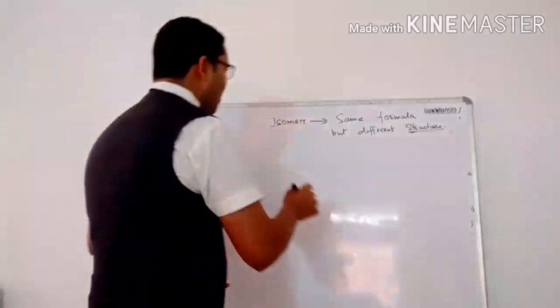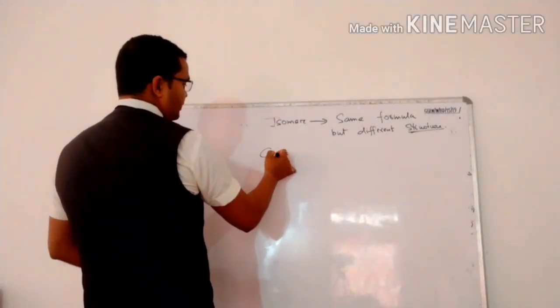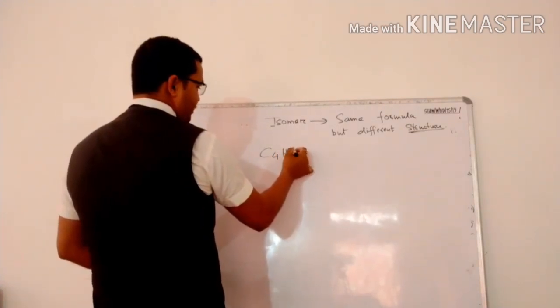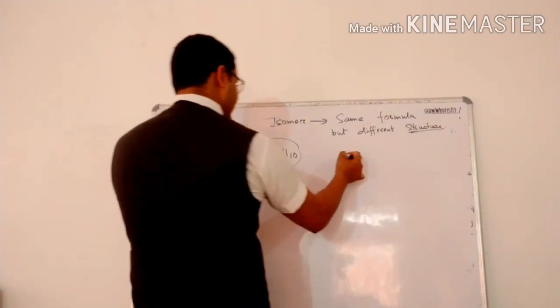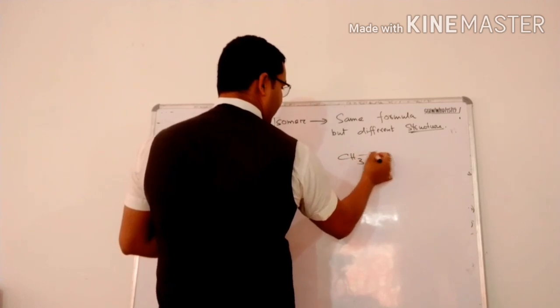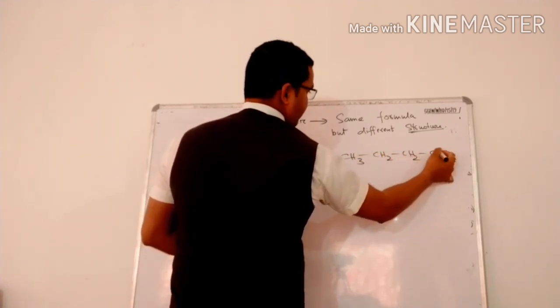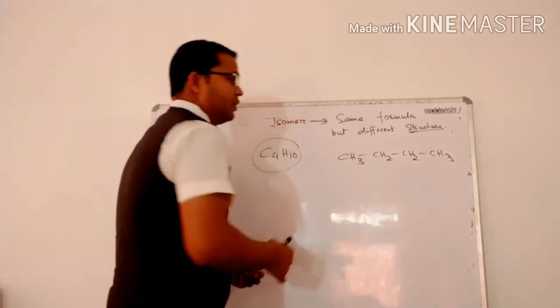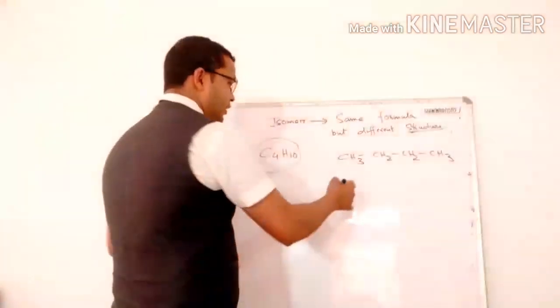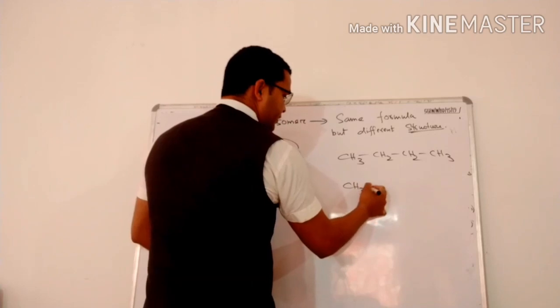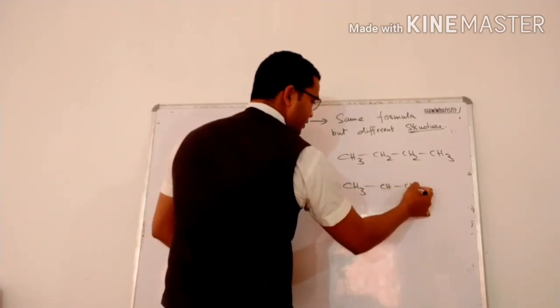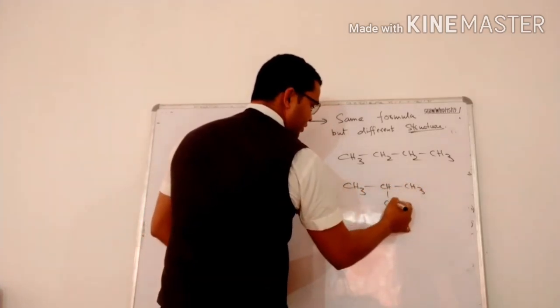For example, we have butane, C4H10. This can be written as CH3, CH2, CH2, CH3, normal butane, and it can be written as this.